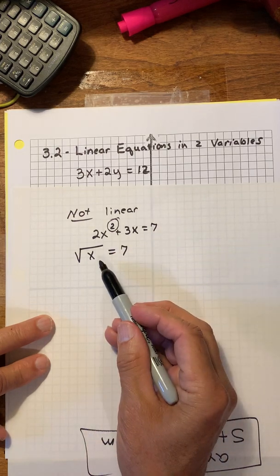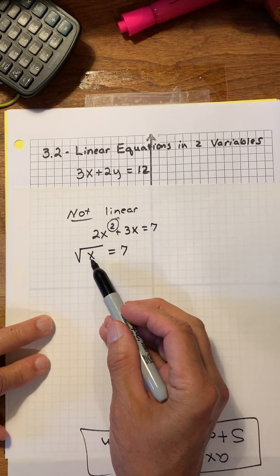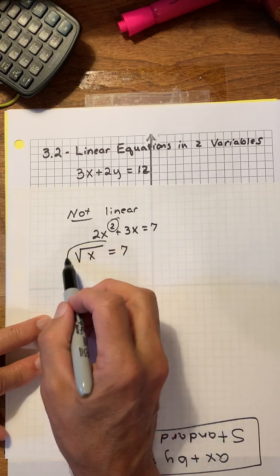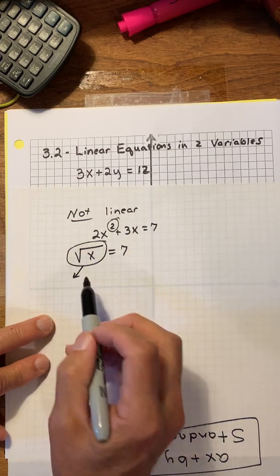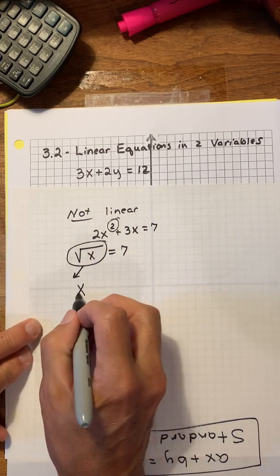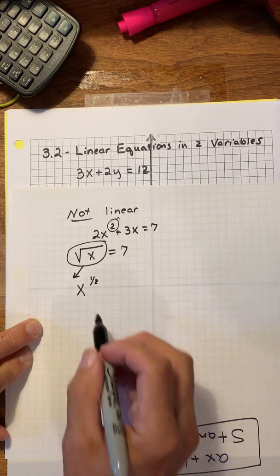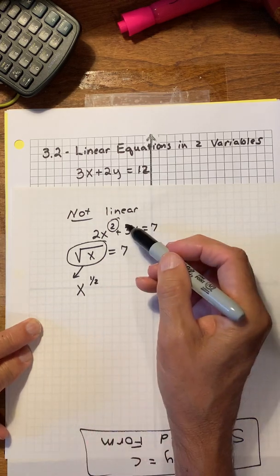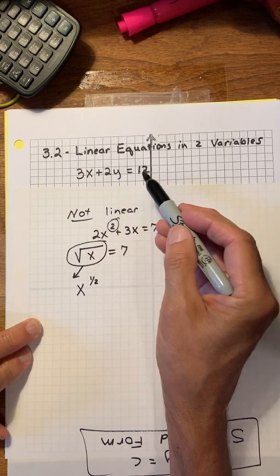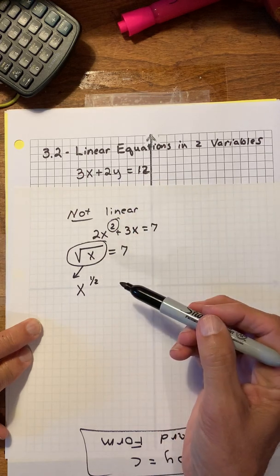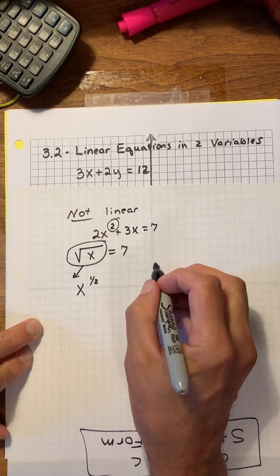This is not linear. This is not x to the first power. In fact, you and I are going to discover a little later that the square root of x translates to x to the 1/2 power. This is not x's, y's, and numbers, so it doesn't count as a linear equation.